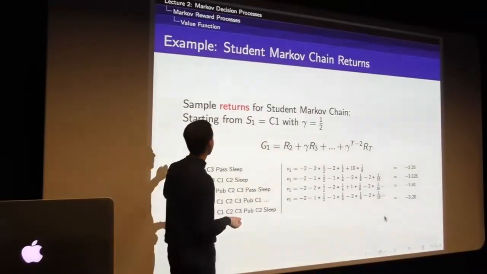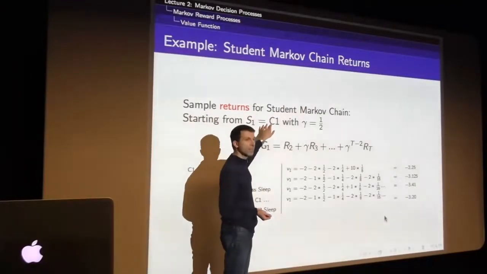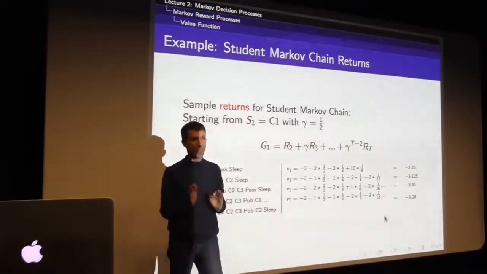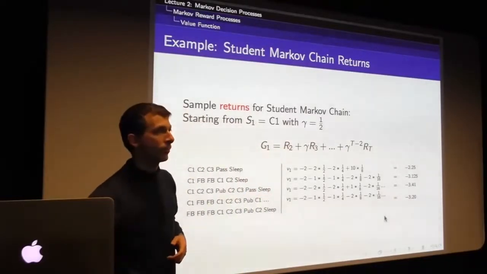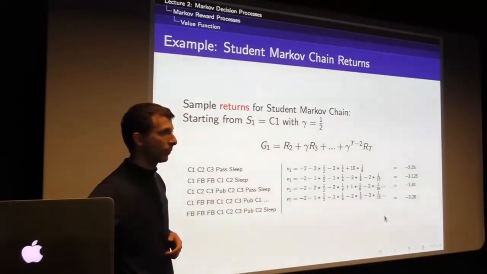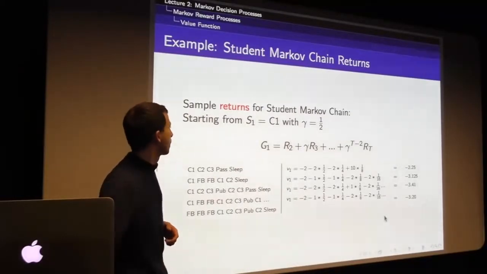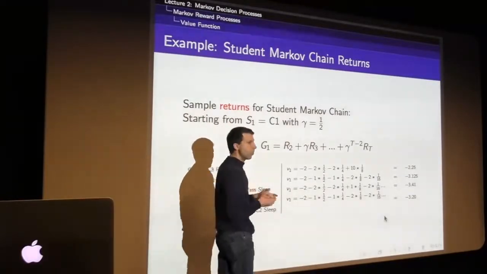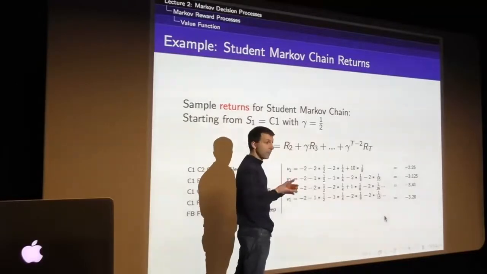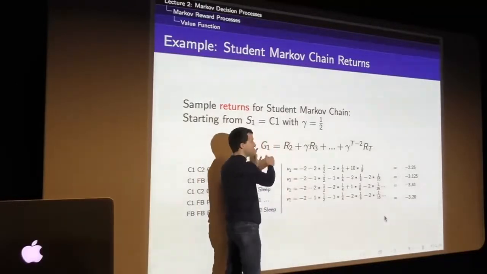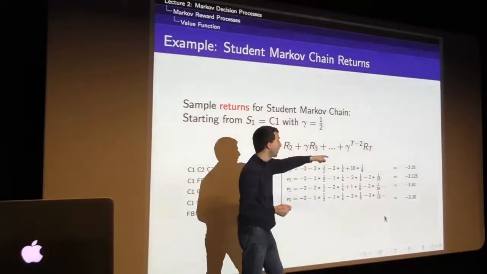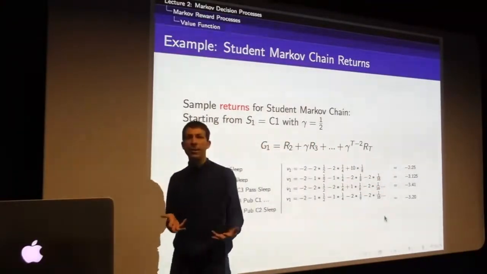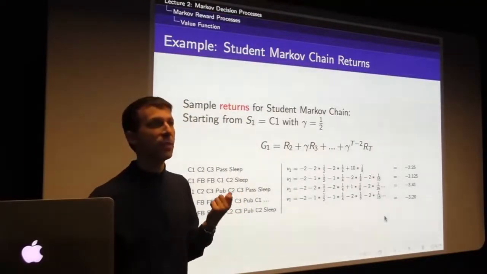We are also starting from S1 equals C1 in this case, but the subscripts are time steps. And they're observed. There are no expectations here because we've observed these sequences. These are observed samples of our random process, and if we want to ask about the value function, we're asking what's the expected return, what's the expected number that's going to pop out at the end. What's the average of these numbers, and that's how good it is to be in the first state of the student Markov chain.